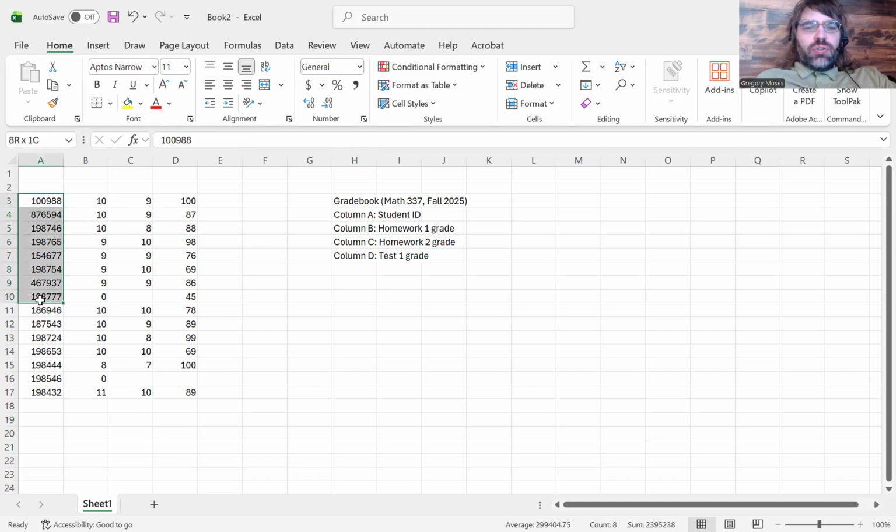I'm telling you that these are student IDs. I'm telling you that these are homework 1 grades. I'm telling you that these are homework 2 grades. I'm telling you that these are test grades. So suddenly this goes from just completely meaningless to meaningful.